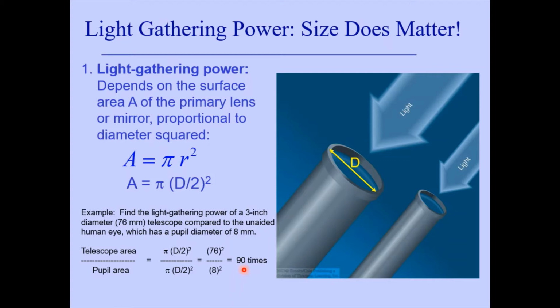The magnification and the gathering of the light from a telescope or even a pair of binoculars is enough to damage your eyes. The sun would appear 90 times brighter, and this would cause permanent damage to your eyes if you tried to look at the sun through an unfiltered telescope.